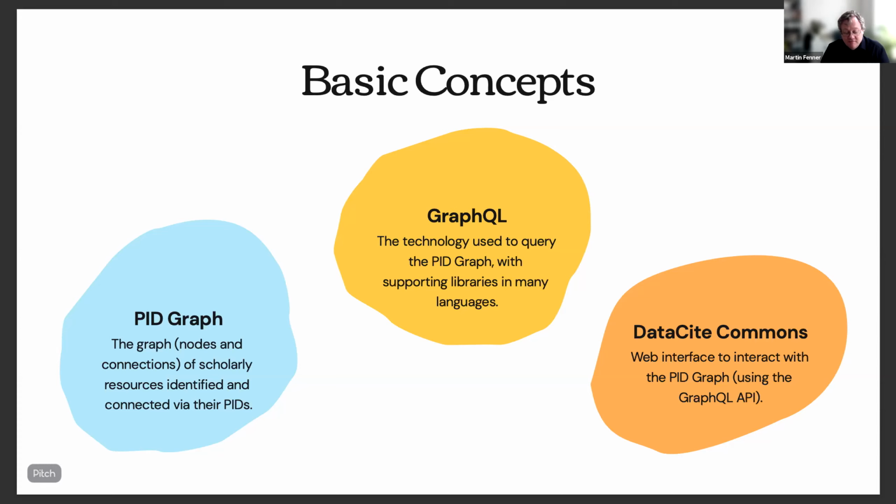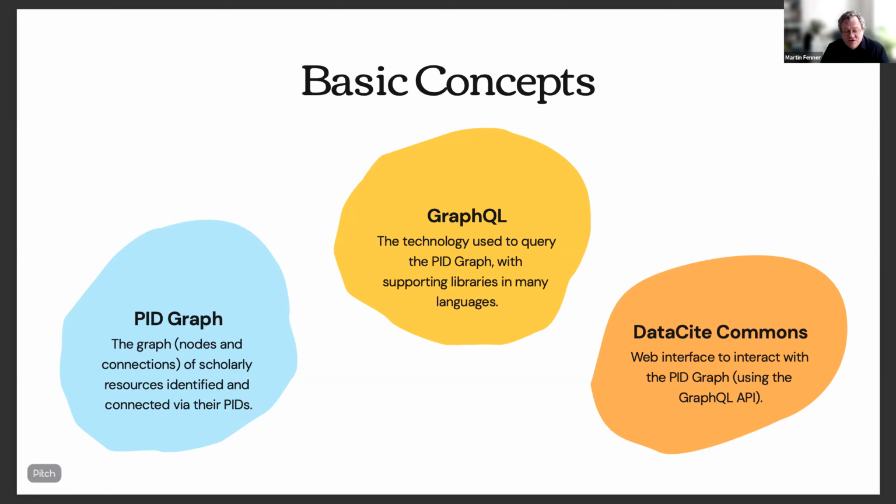This was originally invented by Facebook and open sourced many years ago. So you will run into GraphQL in many places, but it's not quite common in the scholarly community. So this might be one of the first times you hear about this. You should get used to this. It's very possible that this becomes quite common, even for simpler queries, not just for complicated graphs. And it's a very nice technology for many use cases.